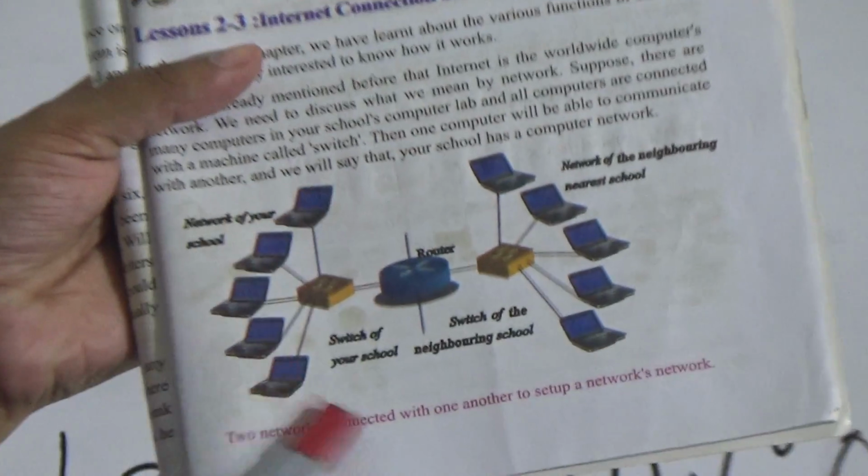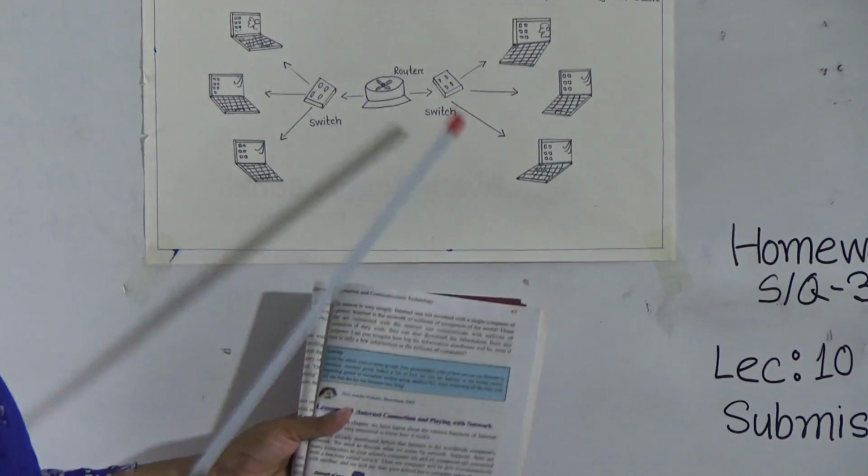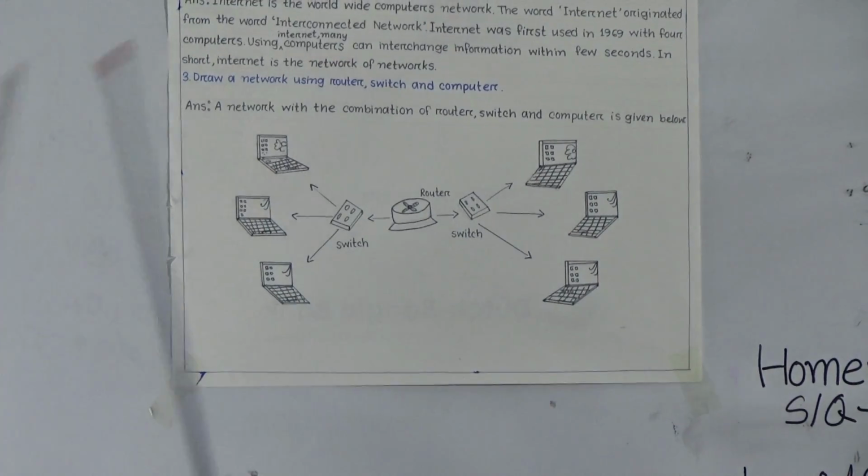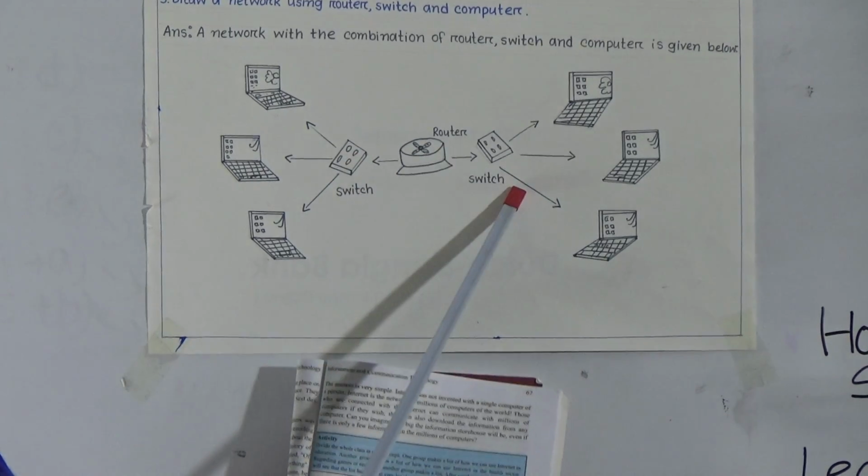Students, from this picture you can see here in this book we find 5 computers on both sides, but in this picture I have drawn only 3. It's your wish, you can draw 4 or 5 or many, but just make sure the concept is clear. And here I have drawn a router and a switch on both sides.